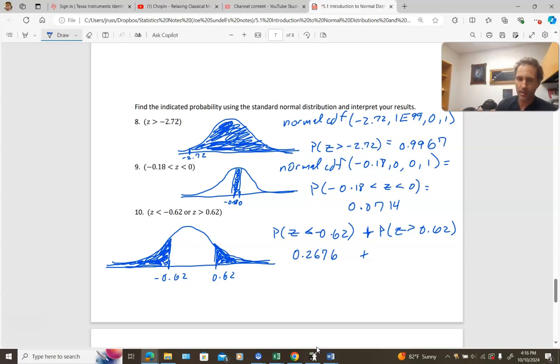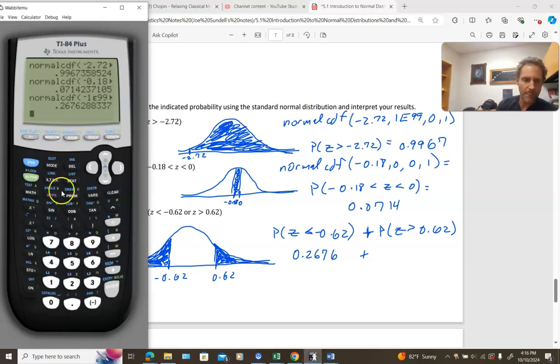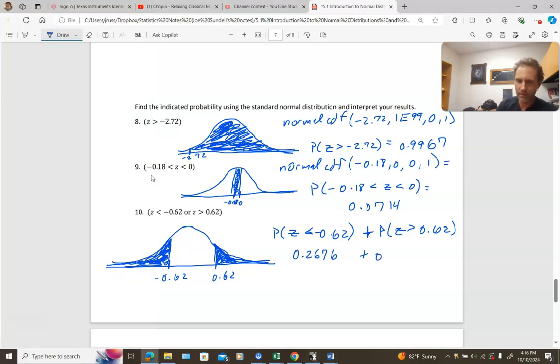Okay. Plus, now I know this next one's going to be the same because this standard normal curve is perfectly symmetric. But just to prove it to you, I'm going to go ahead and do it anyway. So in this other case, my lower bound would be the positive 0.62, and my upper bound would be positive infinity. Okay. And then, of course, my distribution parameters would be the same. And yeah, it's the same number, isn't it? 0.2676.